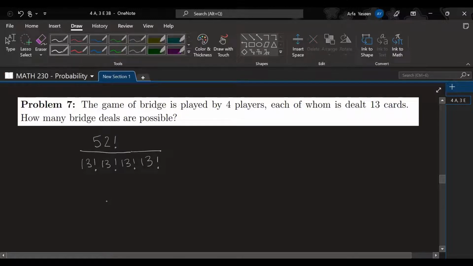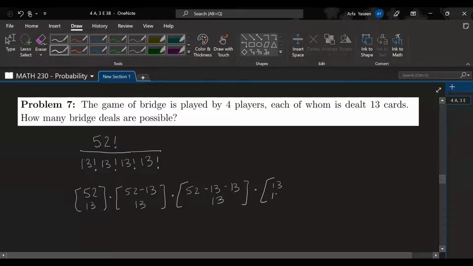If you don't get how we are using the multinomial coefficient here, do ask me that. Another way to do this question would be to choose 13 from 52, then from the remaining we'll select 13, then from the remaining we'll select 13, and eventually we'll be left with 13 cards.